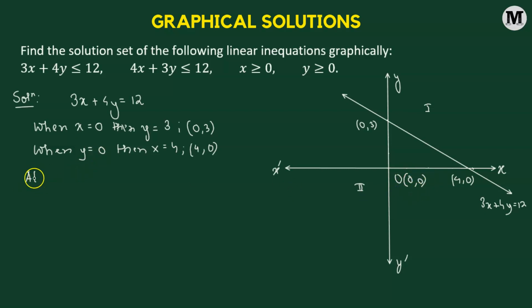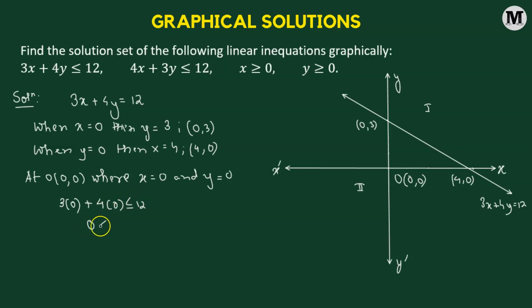At the origin O with coordinates 0, 0, where the x value equals 0 and the y value equals 0, we'll substitute these 2 values into our inequality. So we have 3 times 0 added to 4 times 0 less than or equals to 12. That gives us 0 less than or equals to 12. Now is this a correct statement?